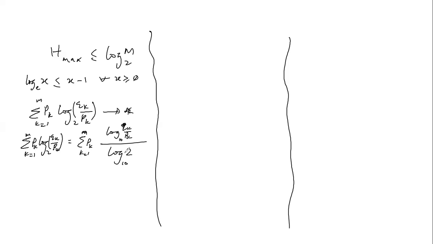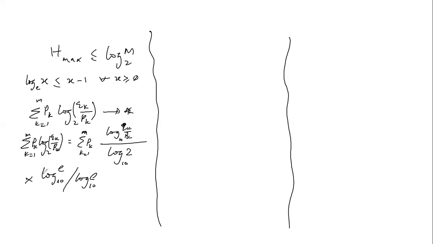Okay. Now, for us to be able to convert to base e, we want to multiply the right-hand side by log e to base 10 divided by log e to base 10. So I'm just scaling.